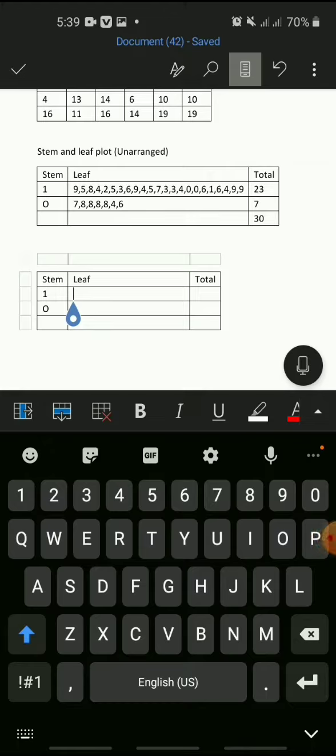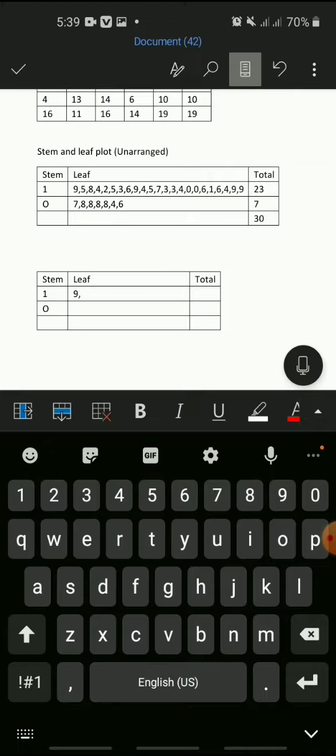So 9, 9, 5, 9, 4, 9, and then 8, and then 7, 6, and then three 5s, two 4s, and three 3s, one 2, one 1, and two zeros.